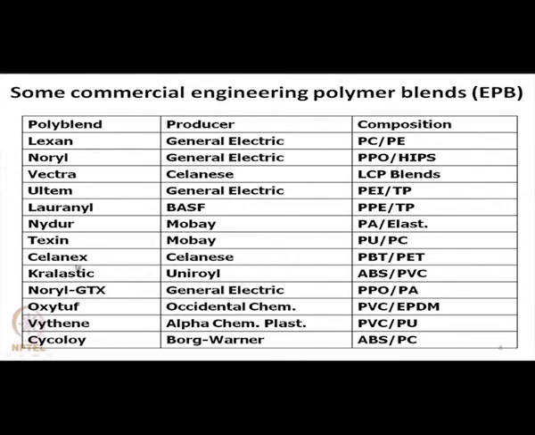Then Celanex, made by Celanese Corporation, is a blend of polybutylene terephthalate with polyethylene terephthalate. Crelastic, made by Uniroyal Company, is a blend of acrylonitrile butadiene styrene terpolymer and PVC, polyvinyl chloride.